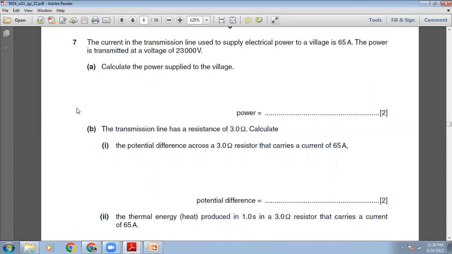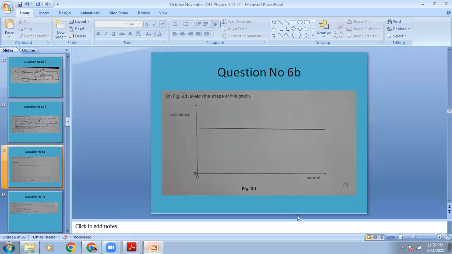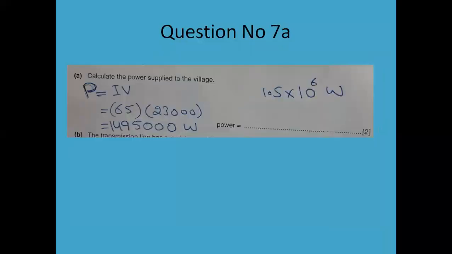It says the current in the transmission line used to supply electric power to the village is 65 ampere. The power is transmitted at a voltage of 23,000 volt. Calculate the power supplied to the village. The formula for the electric power is IV. Power is equal to IV.